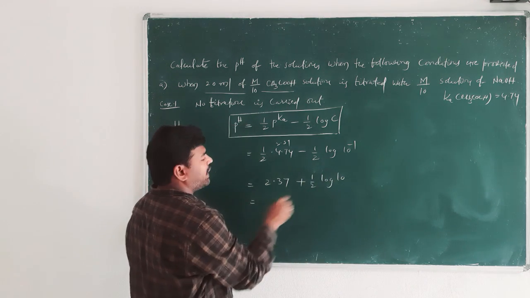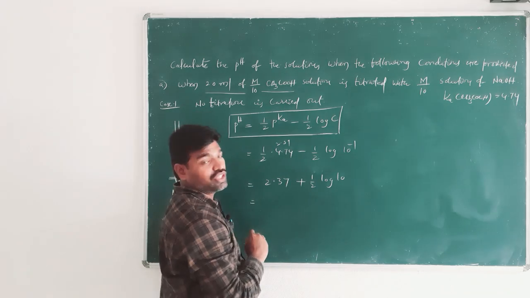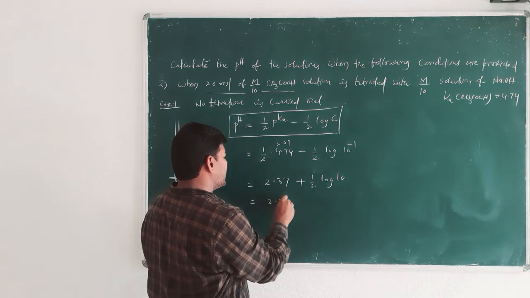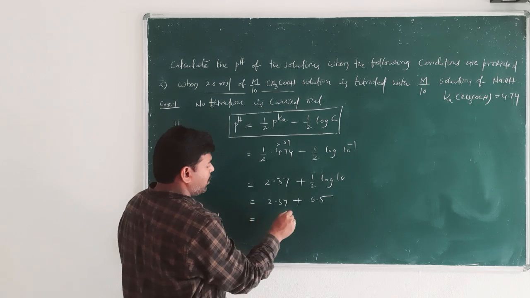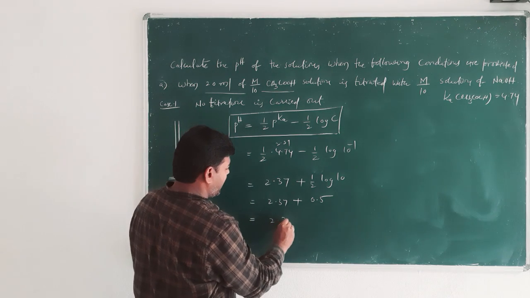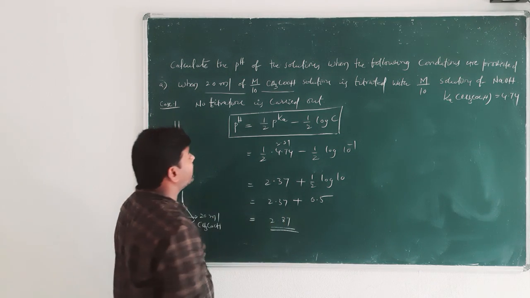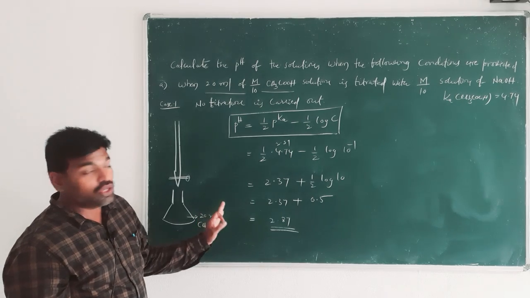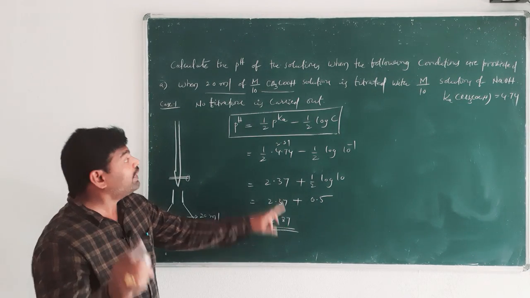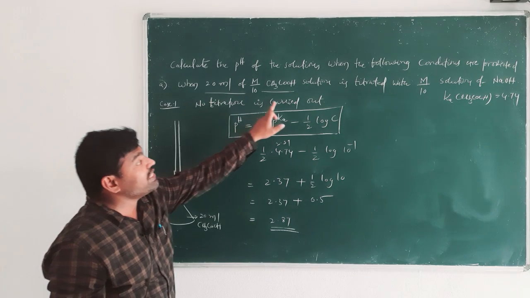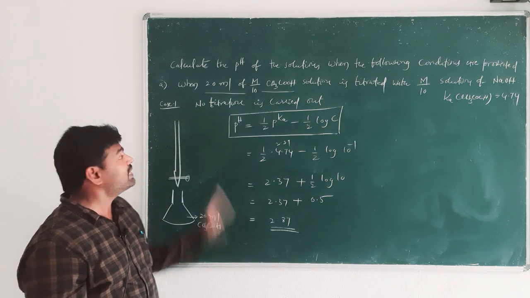Log 10 is 1, and 1/2 is 0.5, so 2.37 plus 0.5 is 2.87. So the pH of the solution is 2.87 when no titration is carried out. This is case 1.